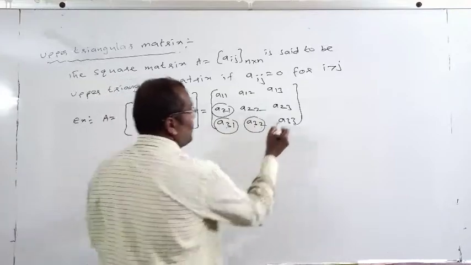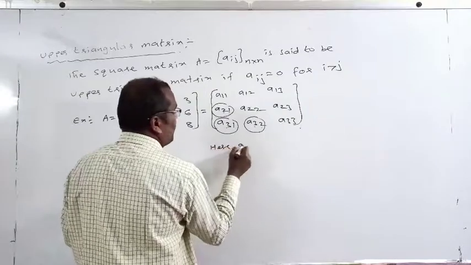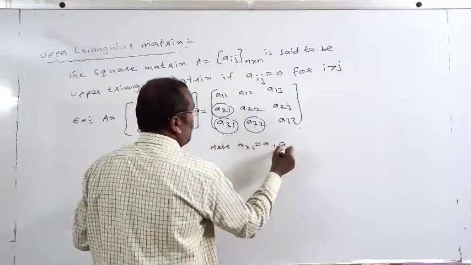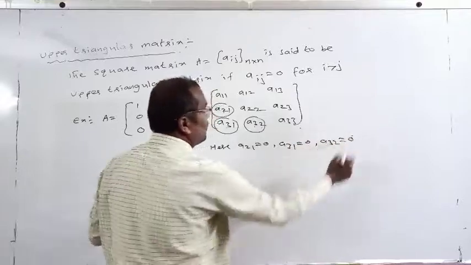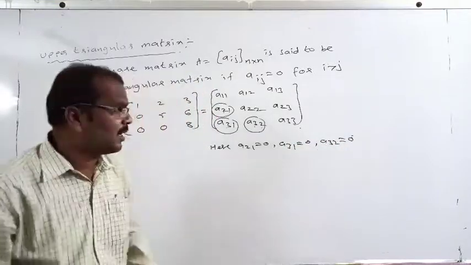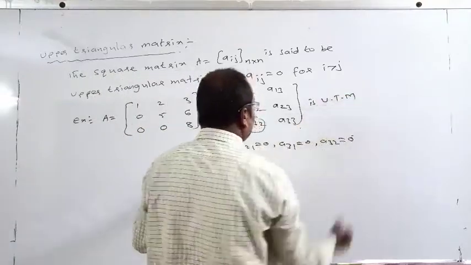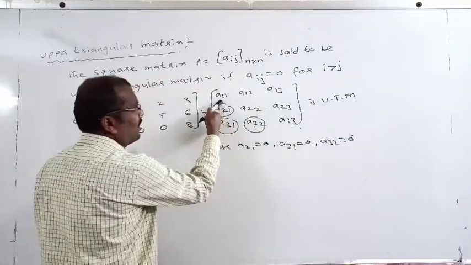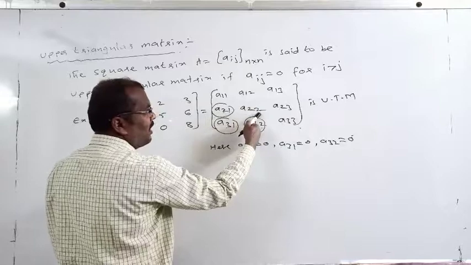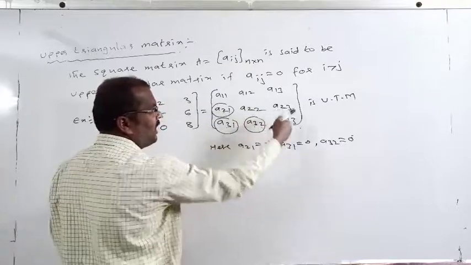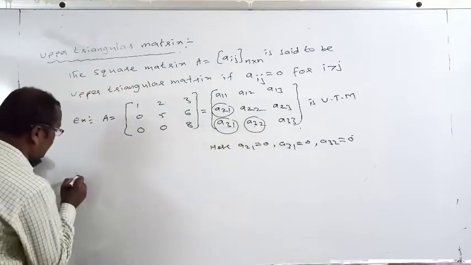So here a21 equal to 0, a31 equal to 0, a32 is also 0. It is an upper triangular matrix. Here i equal to j, here i less than j, i equal to j, i less than j.